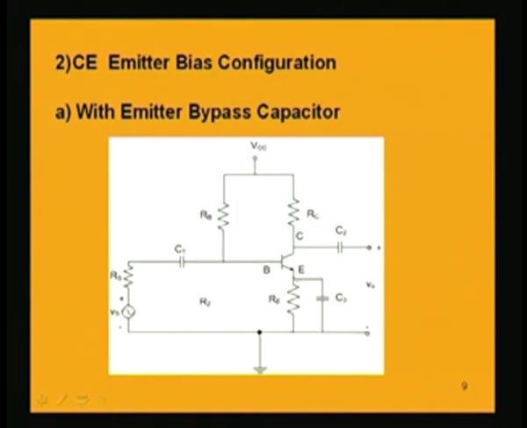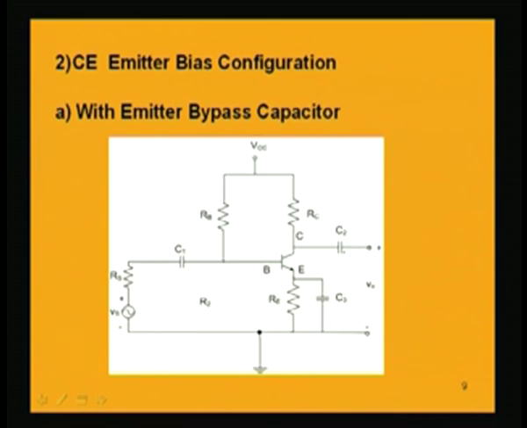If we consider this figure, this is a self bias, an emitter resistance is there, that is the difference between the fixed bias and this bias, which is called the emitter bias configuration, but there is a bypass capacitor. Now, if we look into this circuit and compare with the earlier one, there is no difference as far as the AC equivalent is concerned, because as there is a bypass capacitor, it is like a short circuit in AC.